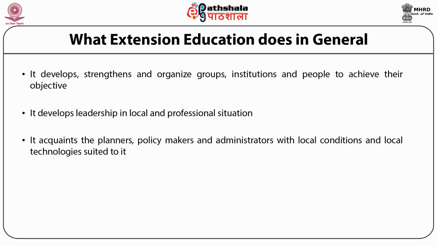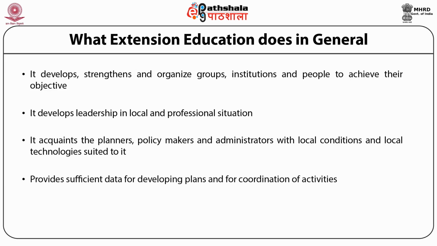The fourth element under what extension education does in general is it provides sufficient data for developing plans and for coordination of activities. Data is an input provided to appropriate agencies at the appropriate time so that the things under the plan can be strengthened. Availability of data itself is a major issue for the planners. Hence, extension plays a key role in generation and management of data.